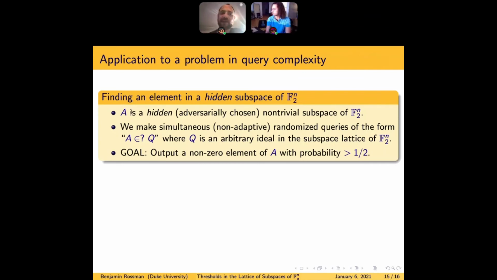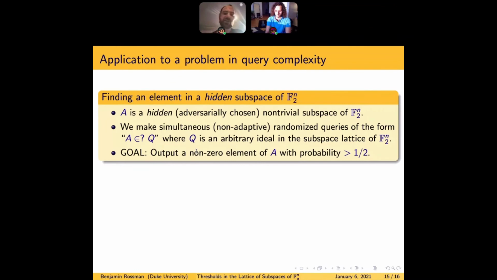Here A is some adversarially chosen non-trivial subspace of F_2^n, which we don't get to see. We get information about A by making queries, and a query is just, for any ideal in the subspace lattice, we can ask, does A belong to that ideal? And we get a yes or no answer.